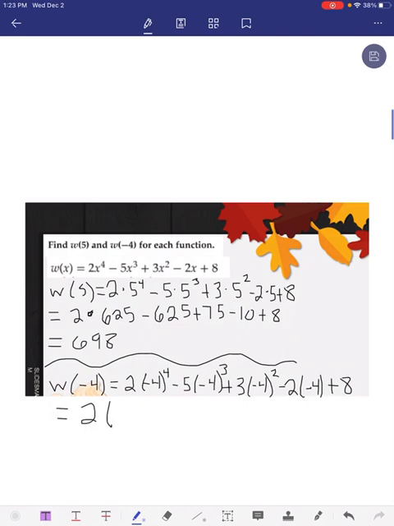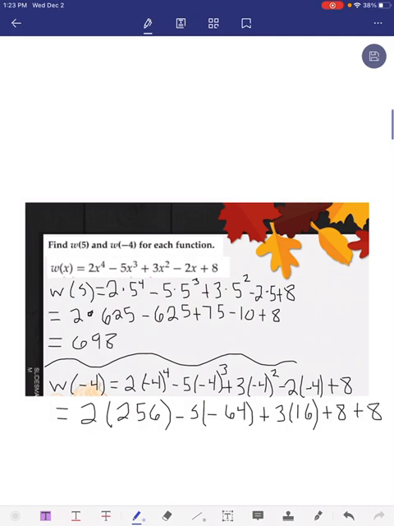So negative 4 to the 4th is going to be 256. Negative 4 to the 3rd power is going to be negative 64. Negative 4 squared is going to be 16. Negative 2 times negative 4 is going to be a positive 8.